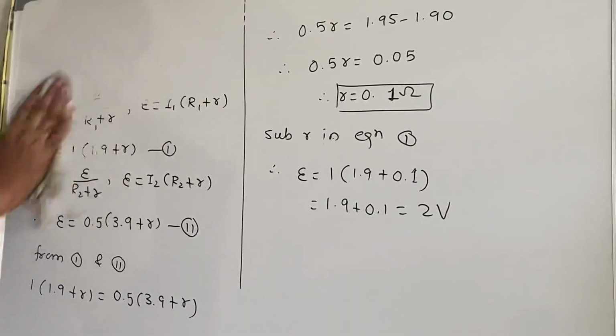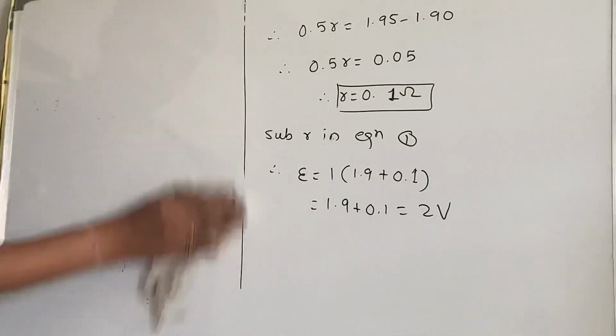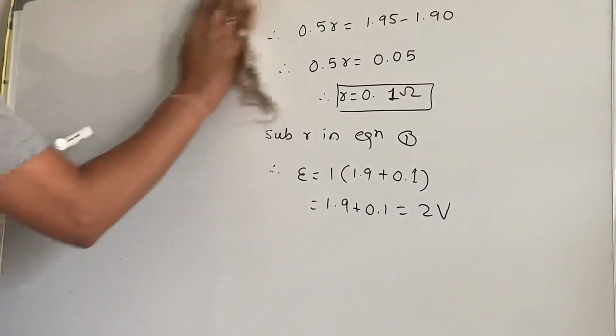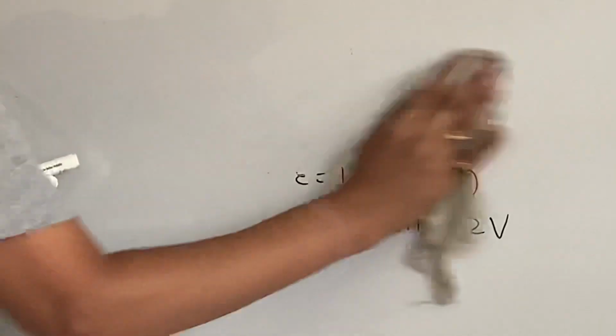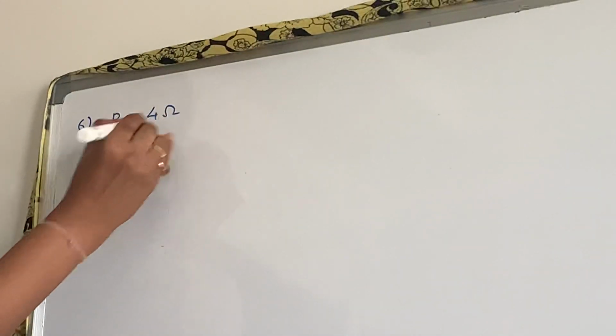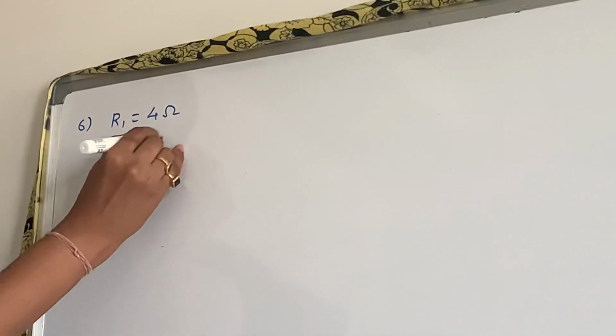Check sixth. Now the sixth question is important. What the sixth question says: two resistors 4 ohm and 6 ohm are connected in parallel. Your R1 is 4 ohm, R2 is 6 ohm.